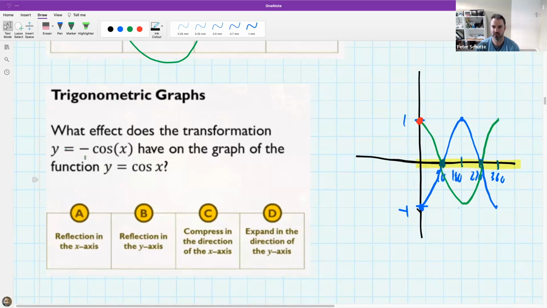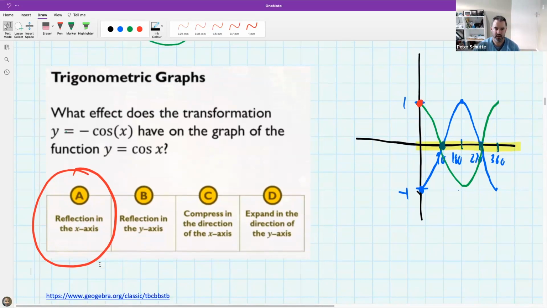So what is the correct answer now? Lock in your correct answer based on the drawing on the screen. So the correct answer is going to be A. It's reflected in the x-axis.